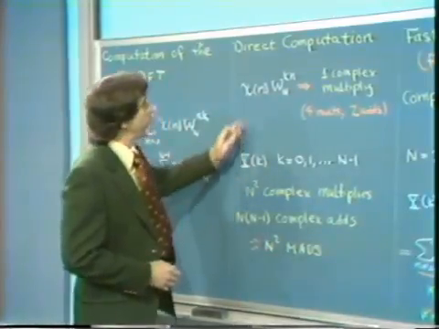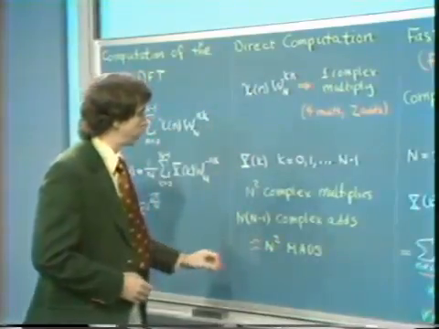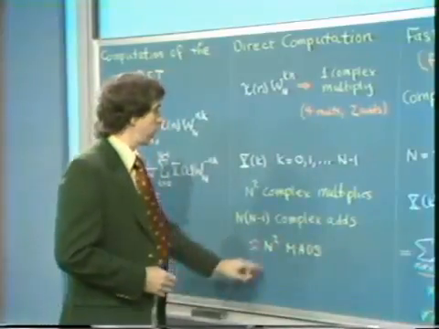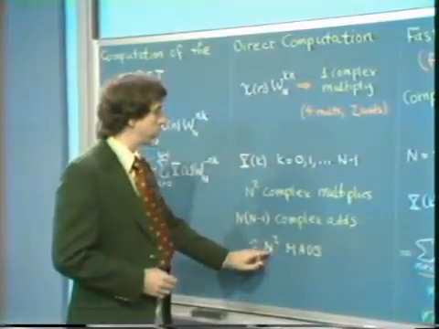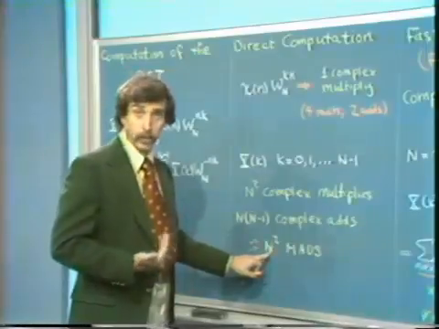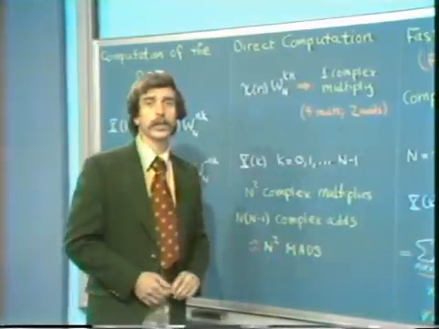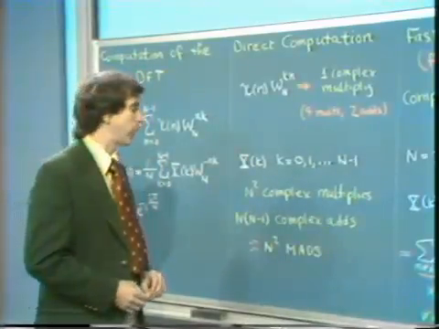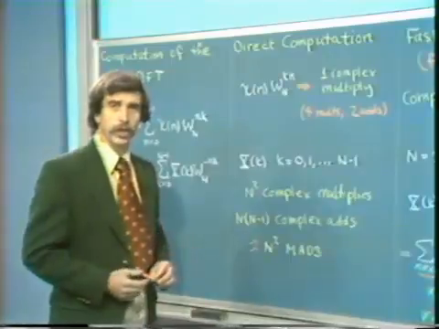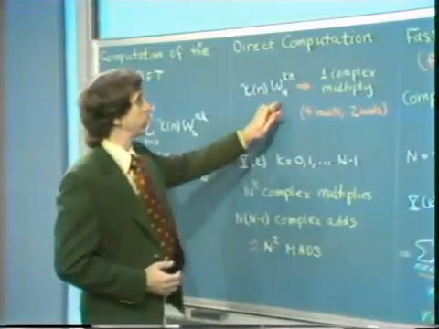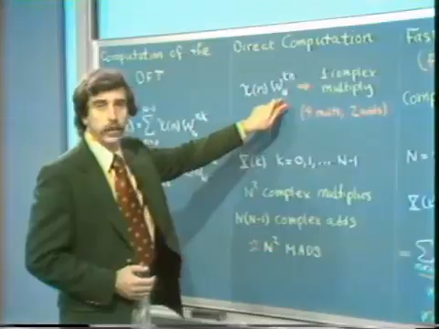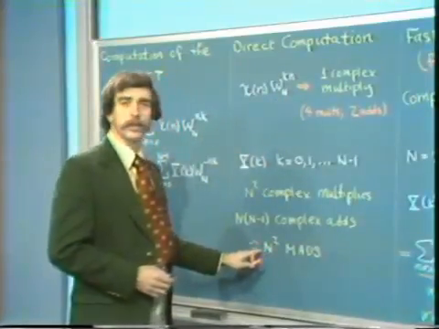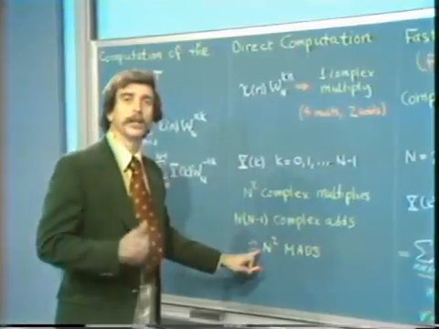Well, we have then a direct computation which involves on the order of N squared complex multiplies and adds. And the important point then is its dependency on N, namely N squared. There are a variety of algorithms that have been known for some time, and ones that you can generate yourself by taking advantage of various symmetry properties of these complex exponentials to reduce the constant of proportionality on the computation.